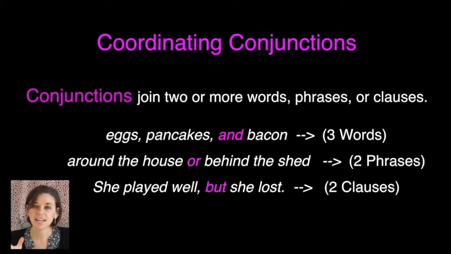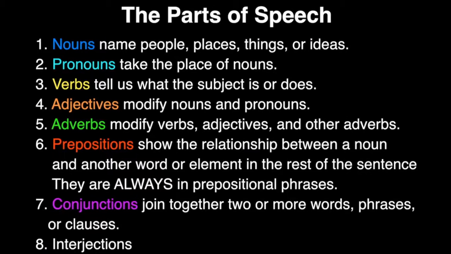Okay. Let's take a look at the list of the parts of speech and just have a little refresher of everything you've learned about so far. You have learned about nouns, pronouns, verbs, adjectives, adverbs, prepositions, and in this lesson, we're learning about conjunctions. Wow. 7 of the parts of speech we've already gone through or are going through. So again, conjunctions join together words, phrases, or clauses.